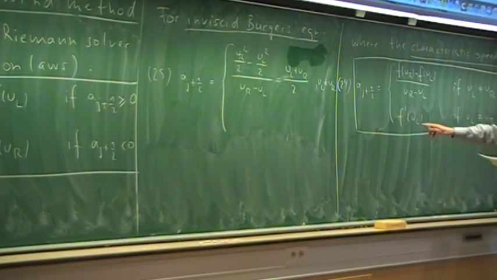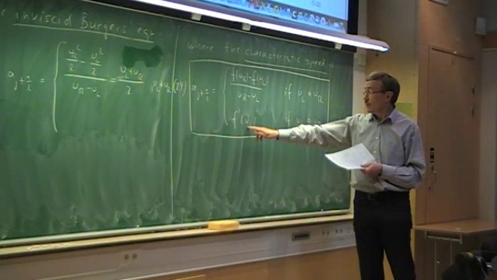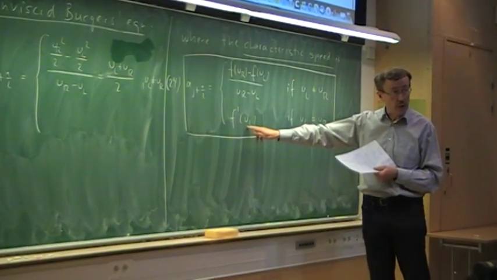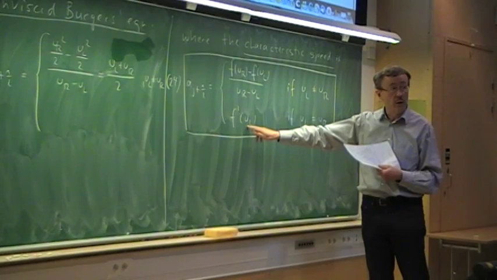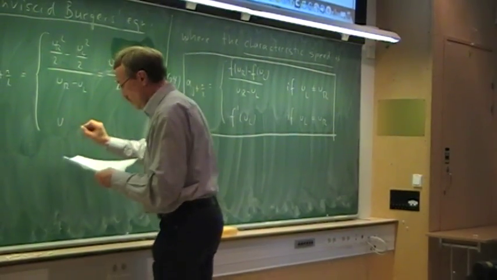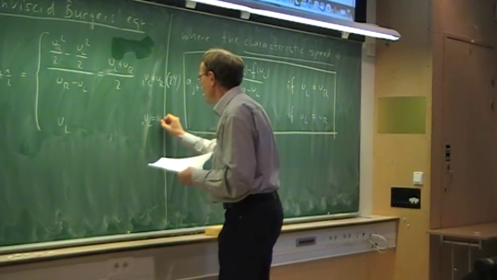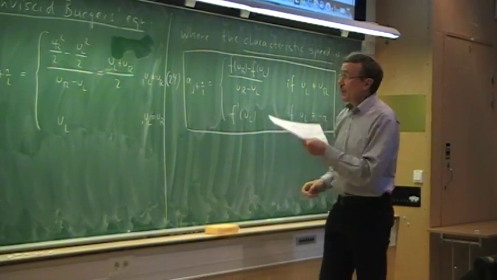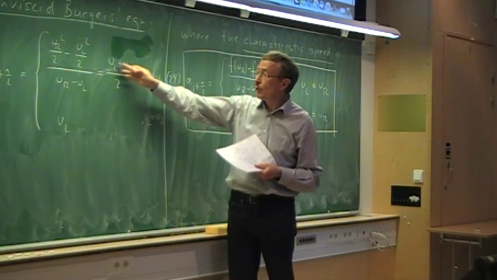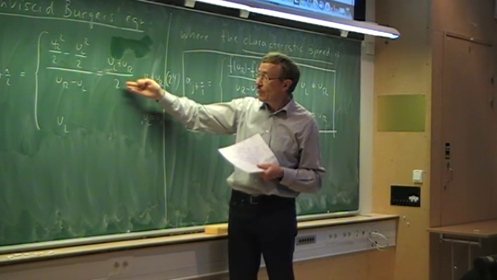And if we want to compute this for equal states, we take the derivative of the flux function with respect to u. U squared over 2 derived with respect to u is u. So then we get UL if UL is equal to UR. And now you see if we let UR go to UL, then we get 2 times UL divided by 2.